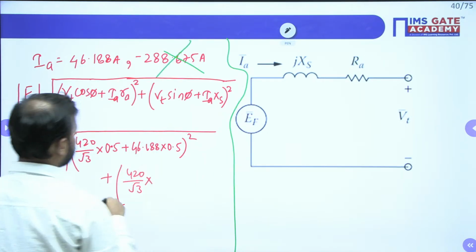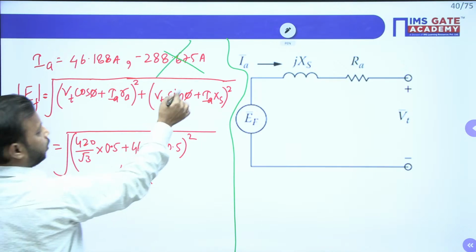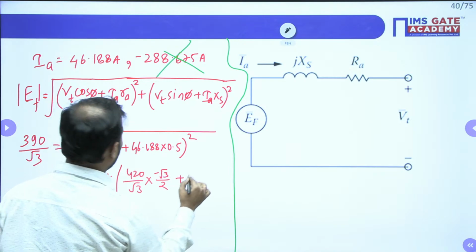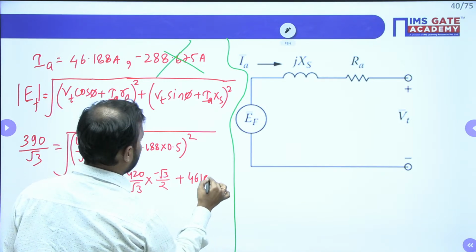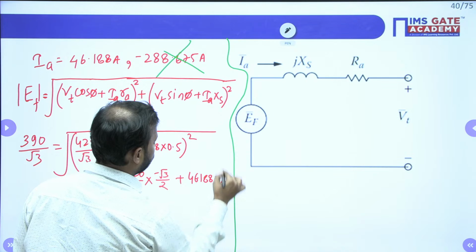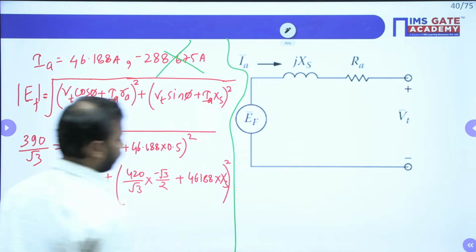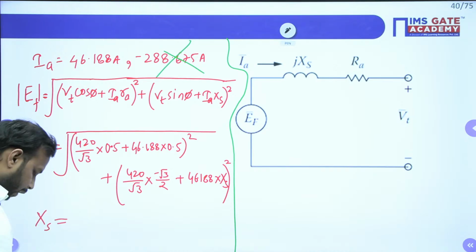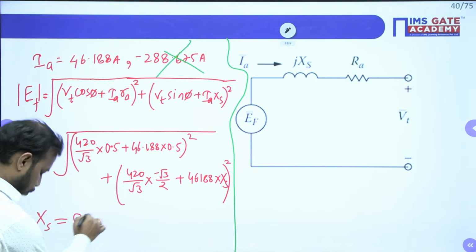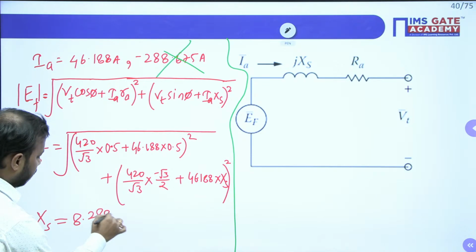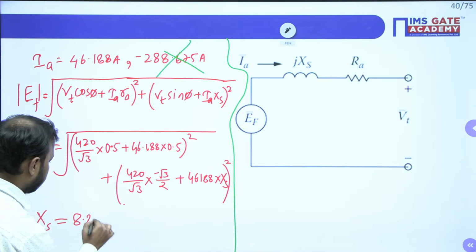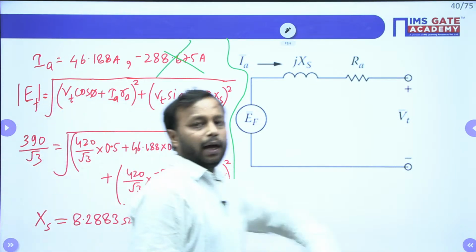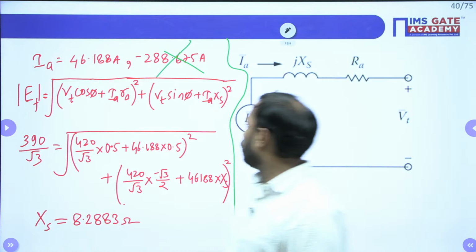So sine of minus 60 is what? Minus root 3 by 2, plus IA is 46.188 into XS, which is unknown. Clear, guys? So when you solve this, you will get XS value as, let me directly write it, 8.2883 ohm. Clear? If you have any doubt, then please let me know.